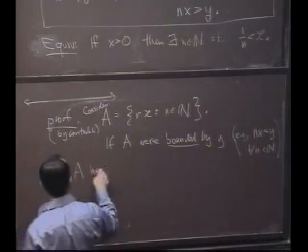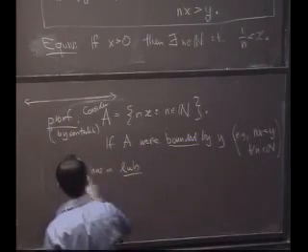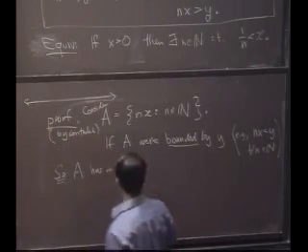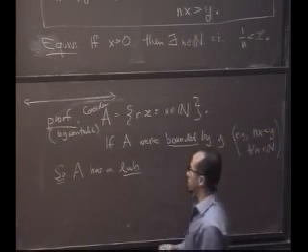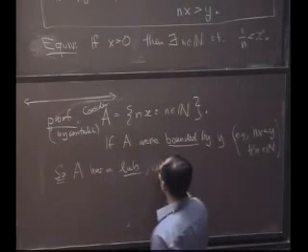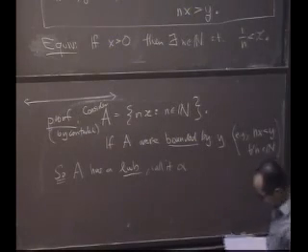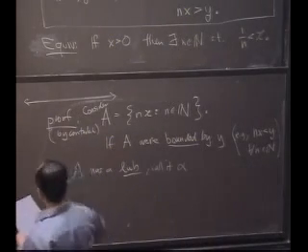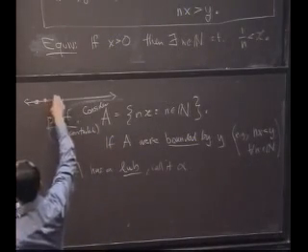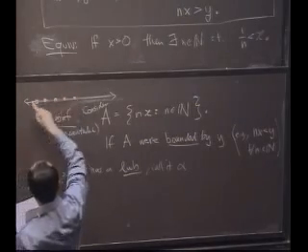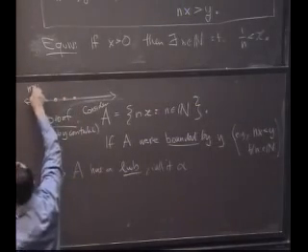So A has a least upper bound by the least upper bound property. Let's call it alpha. The picture that I'm going to have here is a bunch of multiples of x.